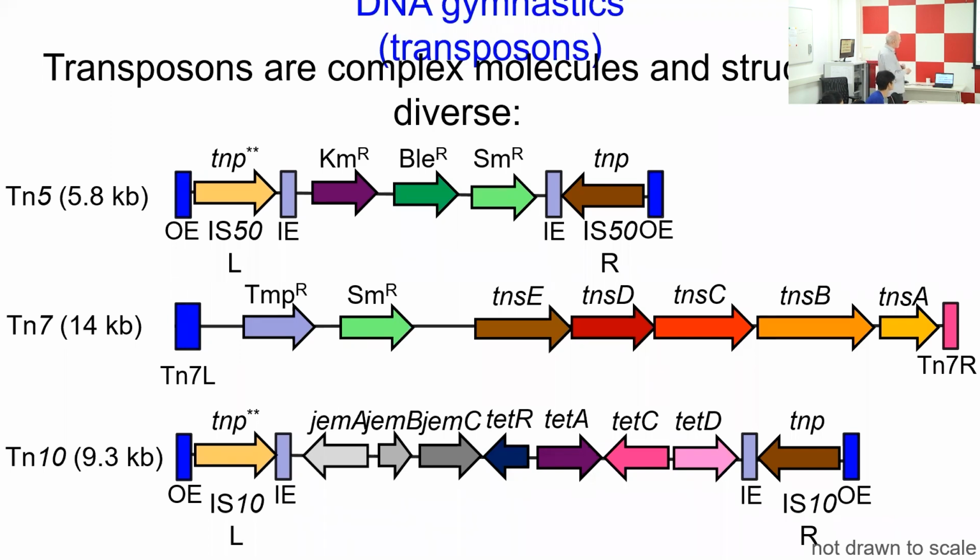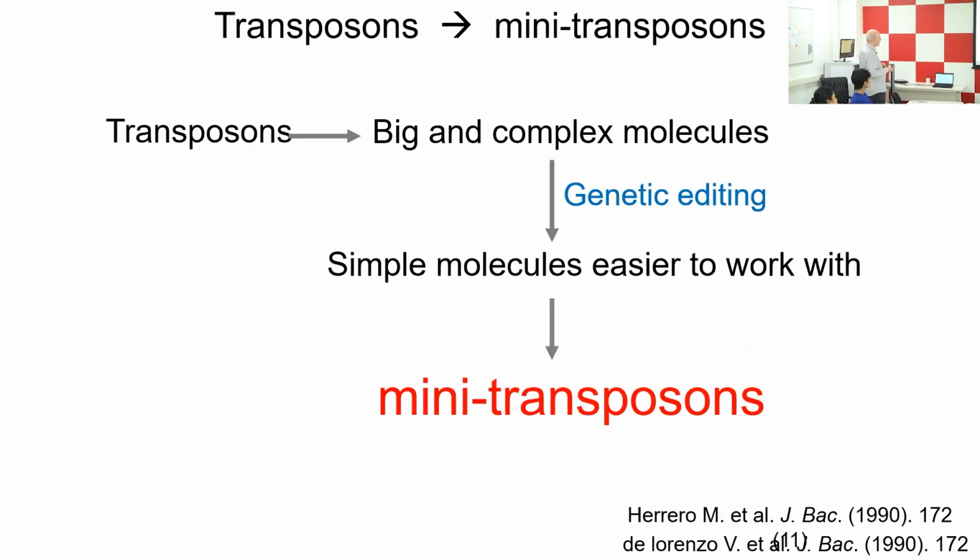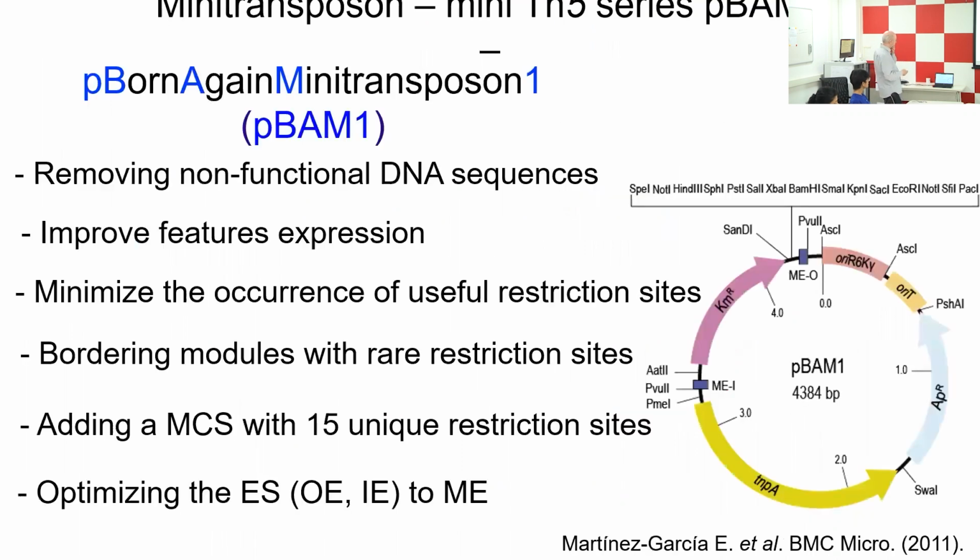But the advantage of Tn7, or disadvantage, if you want to take it, different from Tn5 or Tn10, is that Tn7 will target just one specific site in the genome. So Tn5 and Tn10 will jump all over the place, but Tn7 will go to specific locations. And remember that you can make mini transposons out of them.